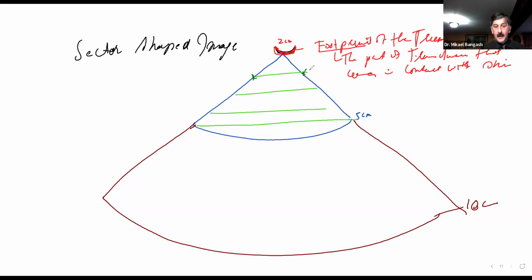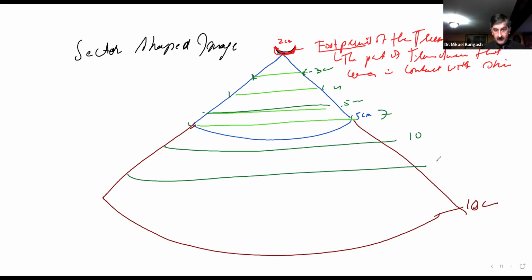But what we can say is the width of the image here might have been 3 centimeters, might get up to 4 centimeters here, maybe 5 centimeters wide here, maybe 7 centimeters wide here, maybe 10 centimeters wide, and so on, so here maybe it's 15 centimeters wide.